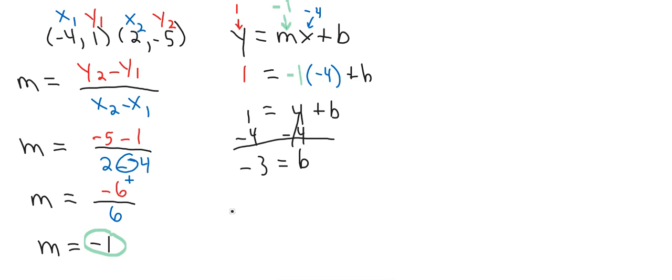So that's our y-intercept. So now we can just plug in for what we have. So m is negative 1, so I'm going to plug that in. We just found b to be negative 3.